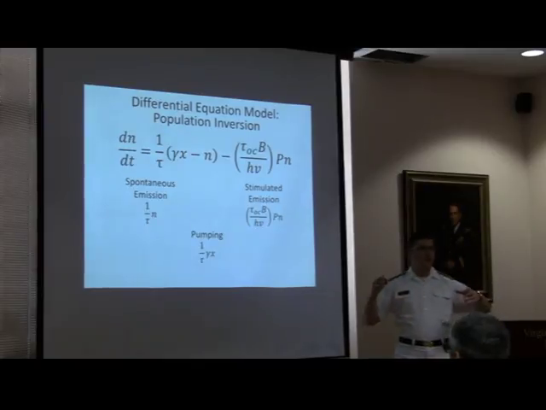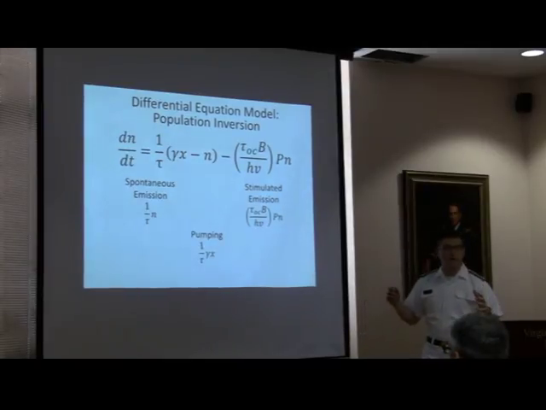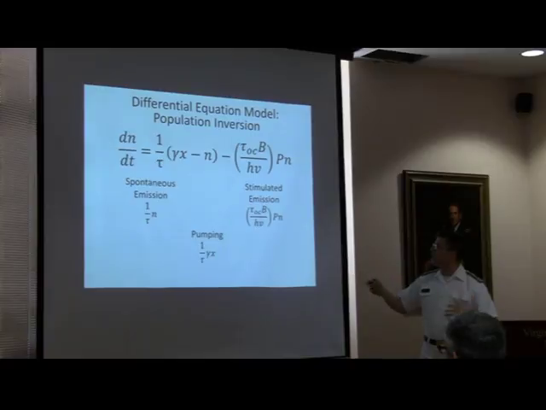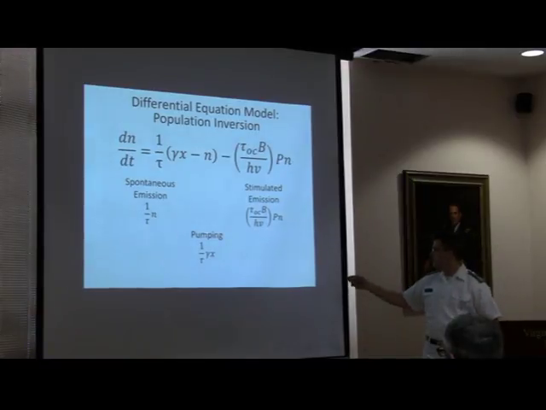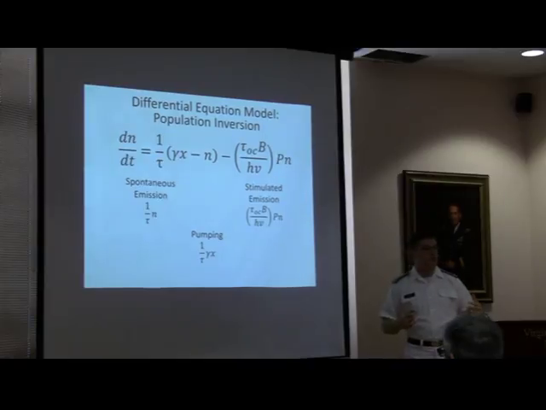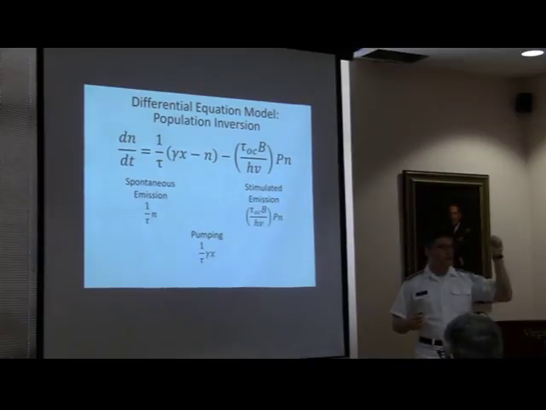Let's talk about these equations individually. For the change of population inversion, this looks pretty complicated, but in reality it's pretty simple. You have the positive term, which is feeding it, the pumping, because for all the energy coming in, you're getting a population inversion, you're getting more atoms excited, and so this is your positive term. And any emission at all decreases from that population inversion because each emission of any type drops an atom back down.